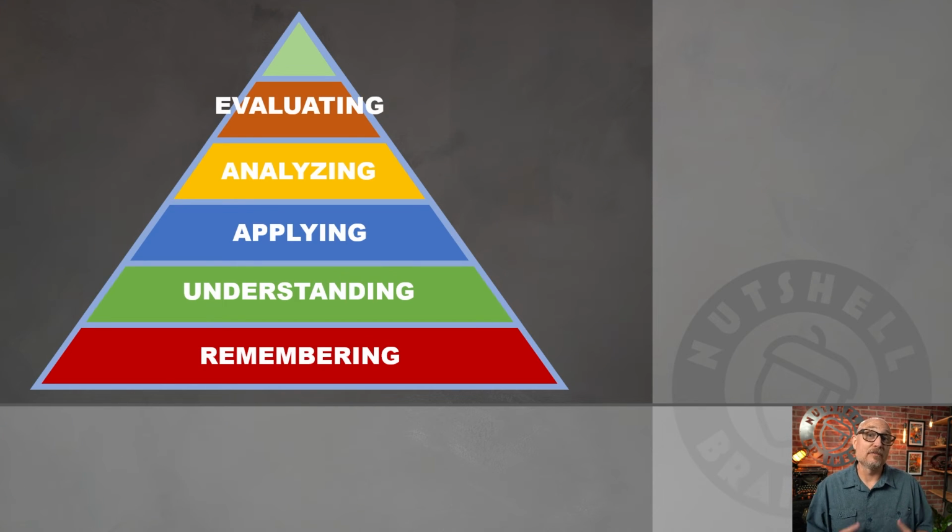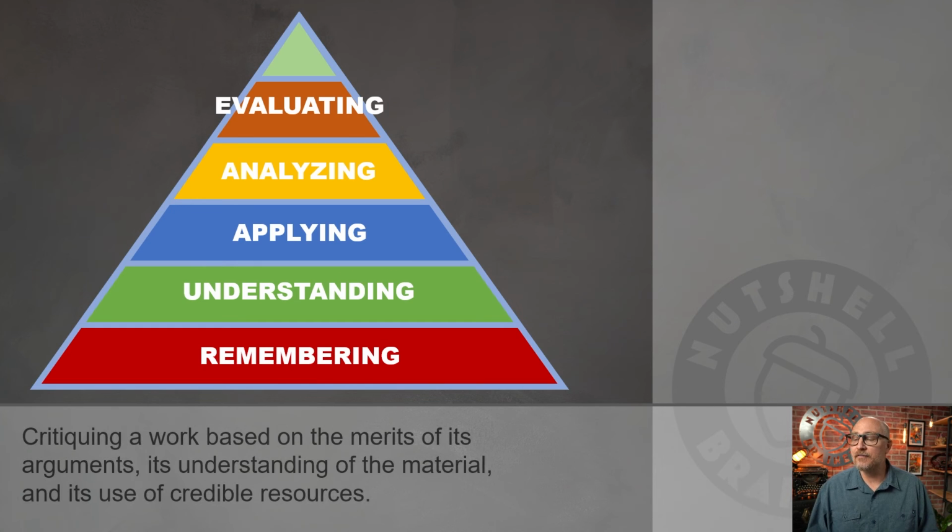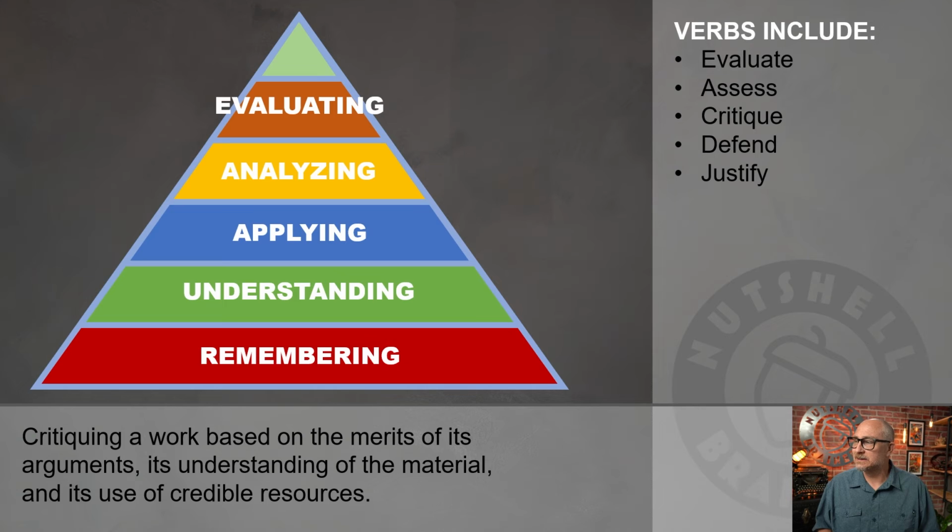Then we have evaluating. The evaluating tier is all about critiquing a work based on the merits of its arguments, its understanding of the material, and its use of credible resources. So an evaluating assignment will say things like evaluate, assess, critique, defend, or justify.